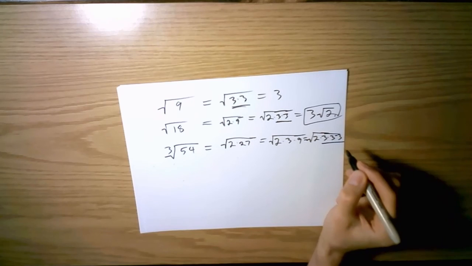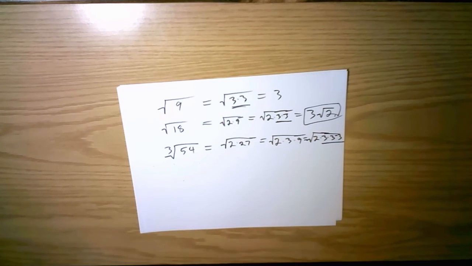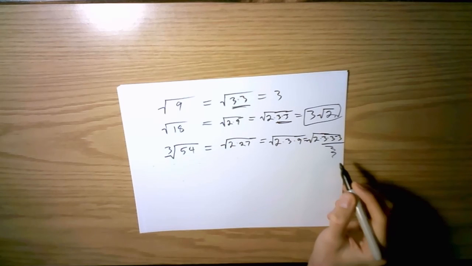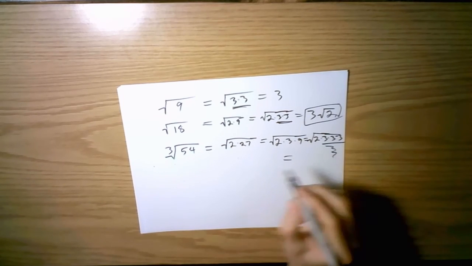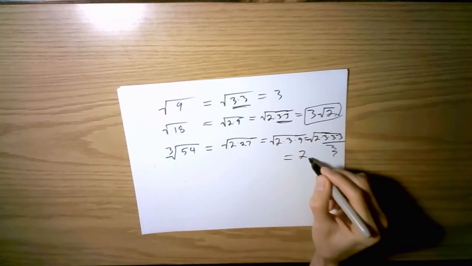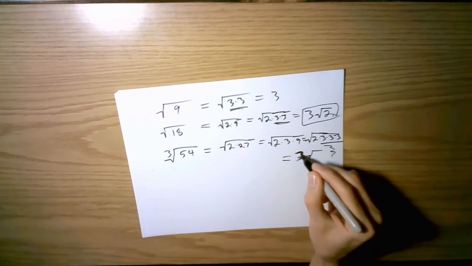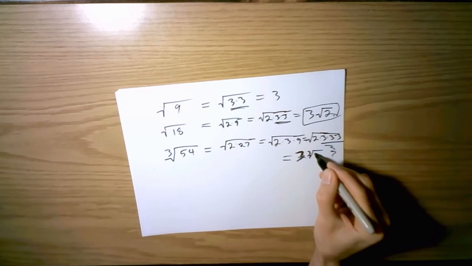Alright, so we got 3 3s. The difference between a cube root and a square root is, with a square root you just need 2. With a cube root you need 3 identical numbers, so the cube root of 54 is, sorry, not 2, it's 3 cube root 2.